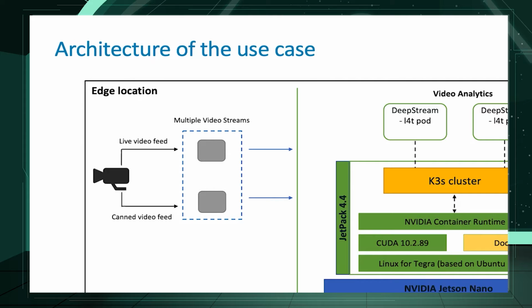Now, let's talk about the right-hand side. On the NVIDIA Jetson Nano, these platforms run a flavor called L4T, or Linux for Tegra, that's based on Ubuntu 18.04. This operating system, along with the CUDA-X drivers, here CUDA 10.2, comes as an SDK and is packaged into what's called JetPack.